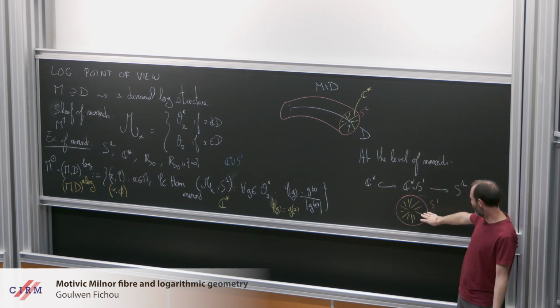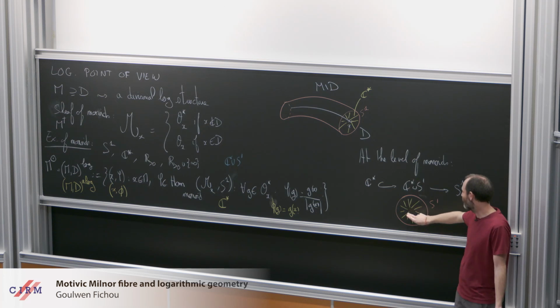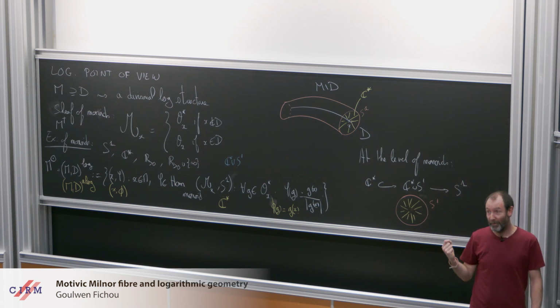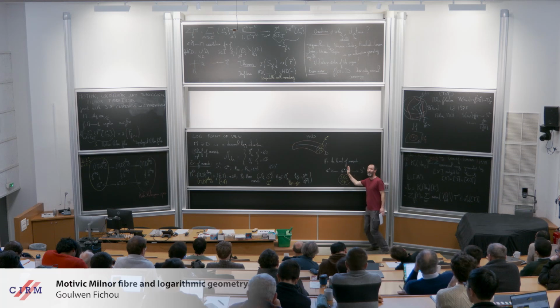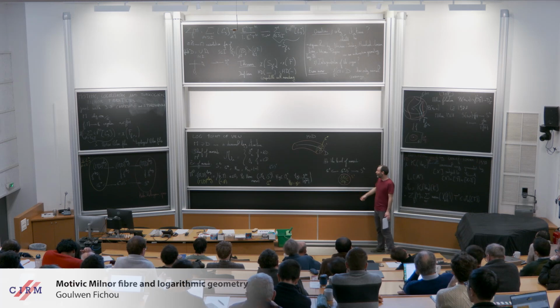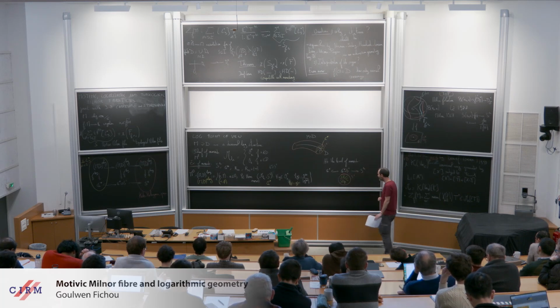So look at this as a compactification of C. You compactify C, but not with one point at infinity, like if you are doing the projective space, but you compactify by all the directions of the lines. And so you compactify by one S1. This is exactly the real-oriented blowing up of, say, P1 at infinity. So that's what appears here.